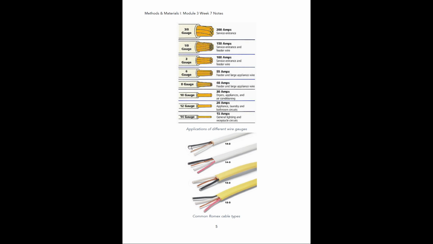So we have 2 wires: our one hot and our one neutral. This one here is a 14-3. So we have our 2 hot wires, the black and the red, and then we have our one neutral wire. So those are our 3 wires. Same with these as well. We have our 2 wires there, and then we have our 3 wires here. The only difference between them is the gauge. All right.